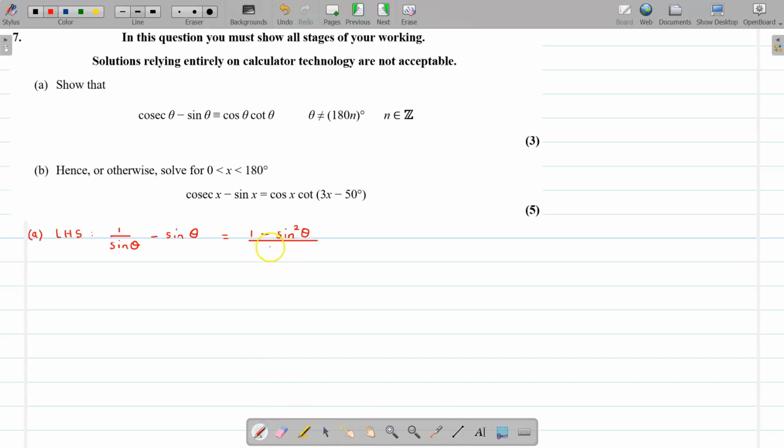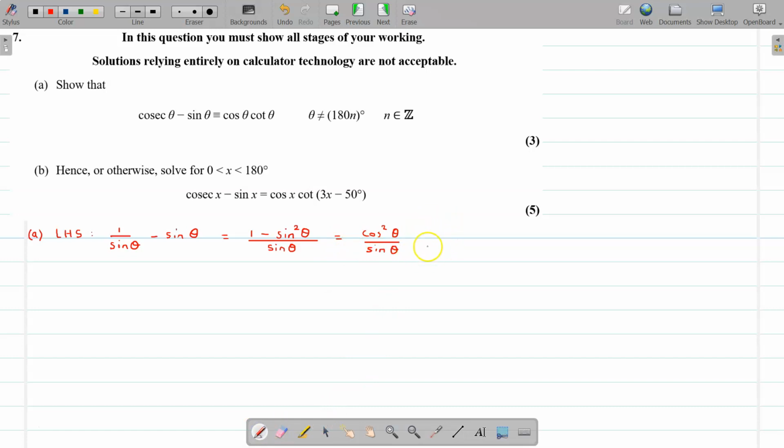What I've done effectively is put a common denominator of sine theta in here, and then combined it into a single fraction. And now I'm going to use the identity that 1 minus sine squared is cos squared. Okay, so cos squared theta over sine theta, which is a third step.